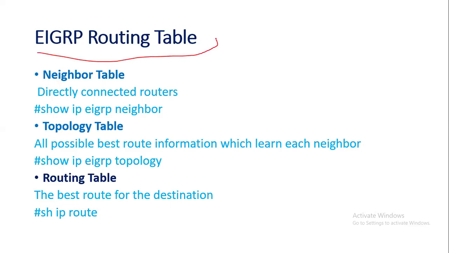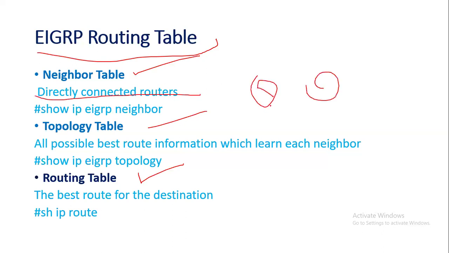Now let's look at the EIGRP tables. Once neighborship is maintained, how do we check it? EIGRP has a neighborship table as well as a topology table and a routing table. The neighborship table covers directly connected routers exchanging routing information. You can check whether they are neighbors with the show ip eigrp neighbor command.